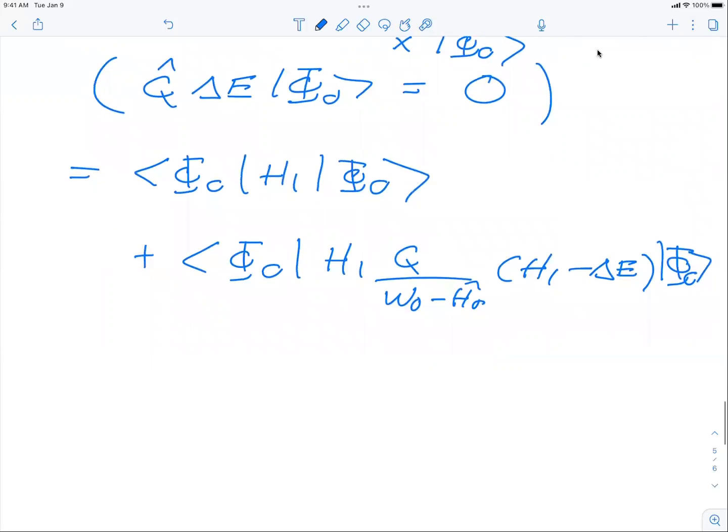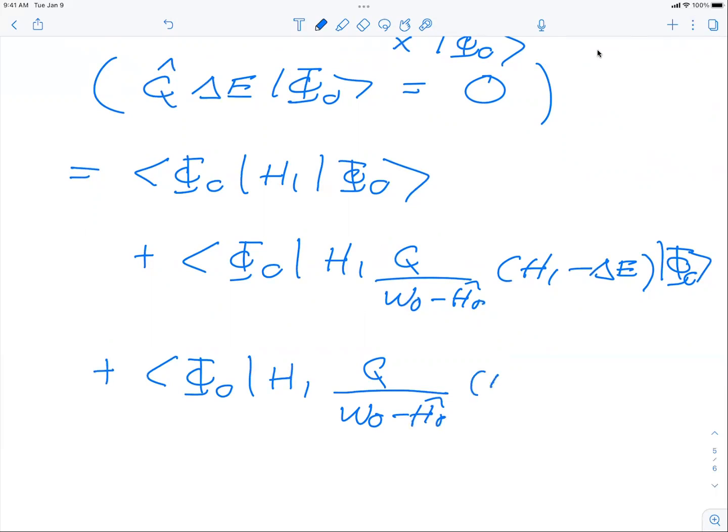Now, when we go to higher terms, what we get is something which is not necessarily going to be equal to 0 when we take this delta E term, because what we will have then is H times Q of omega 0 minus H0.